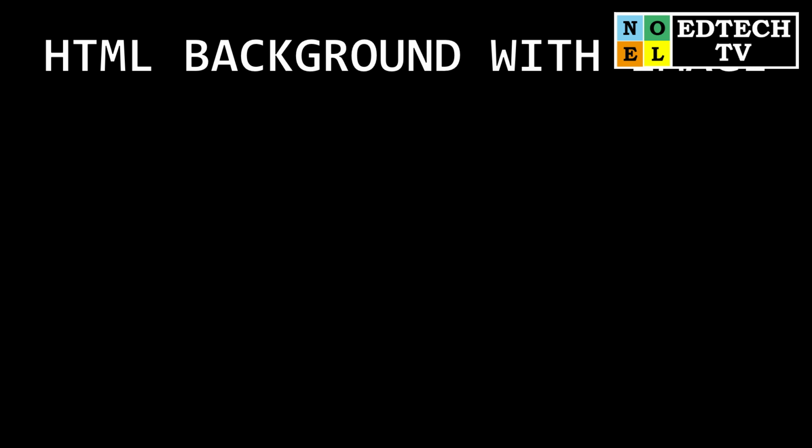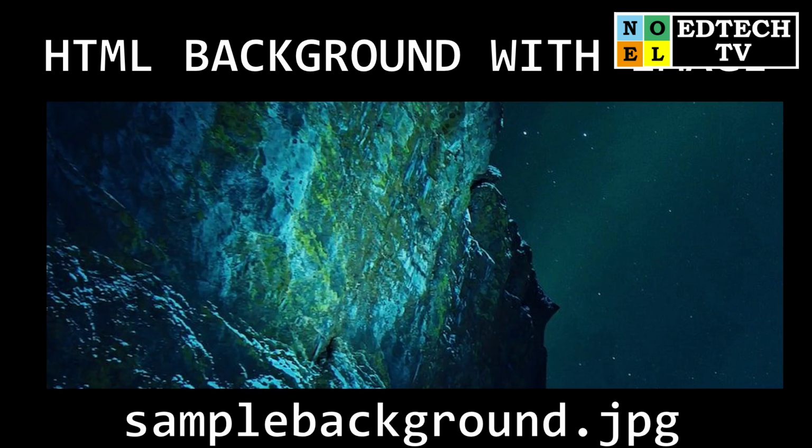Next is the HTML background with image. To add a background image on the HTML element, use the HTML attribute. To add the background image on the web page, specify the background image attribute on the body element. Take note, your image should be in high definition so that it won't get pixelated when it gets stretched out. In this presentation, I will use this image as my background image design, sample background.jpg.